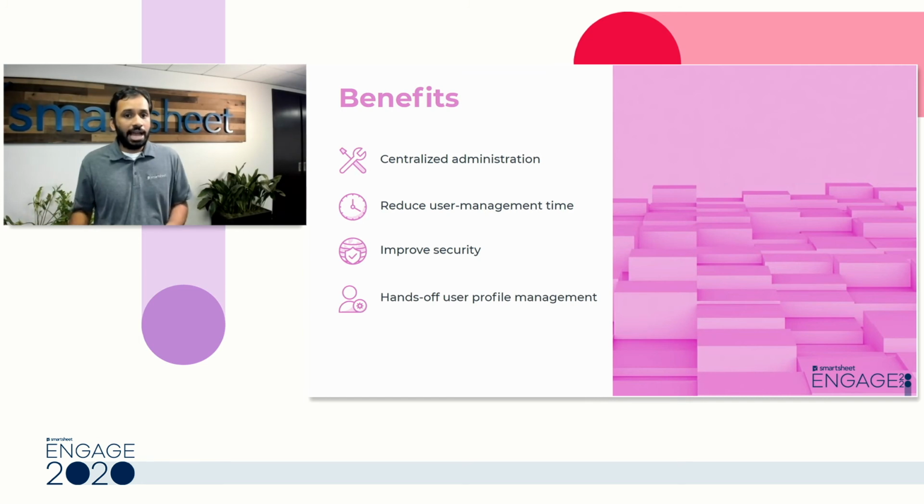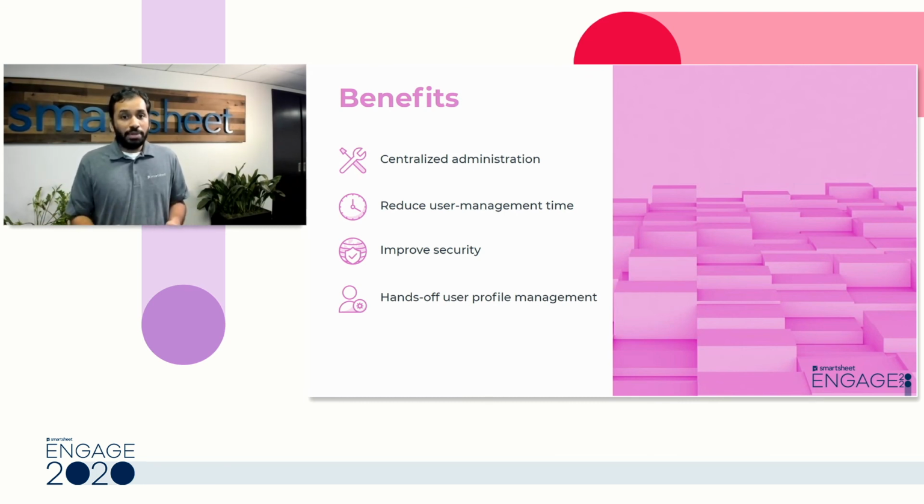All of that happens automatically. This takes away a lot of the overhead, both for you as admins and also for your users. Today, if you're not using this feature, your users typically have to go and update profile information within Smartsheet, and sometimes there may be inconsistency in the profile information between Smartsheet and Azure Active Directory. All these problems go away when you have directory integration.